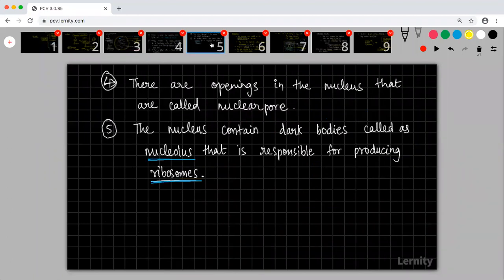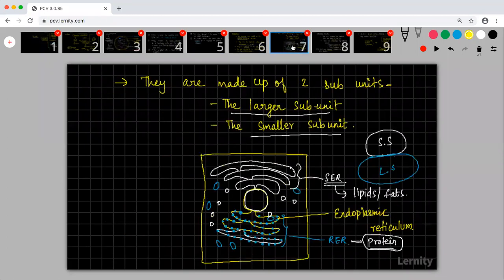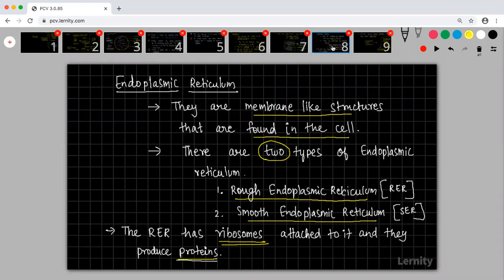Fifth slide. Sixth slide. Seventh slide. Eighth slide. And ninth slide.